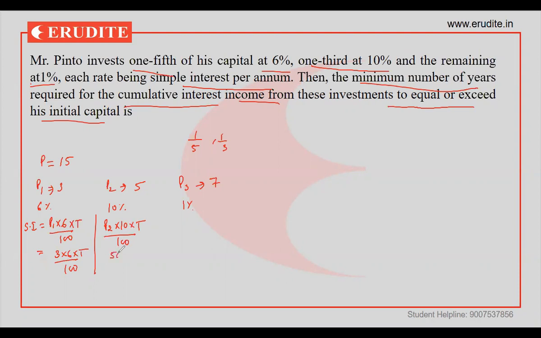P2 is 5, so it will be 50 T by 100. Right, this is simple interest 2. Simple interest 3 will be P3 into 1% into time period T upon 100. This is 7 into 1 into T by 100, which is giving you 7 T by 100. So cumulative interest will be how much?